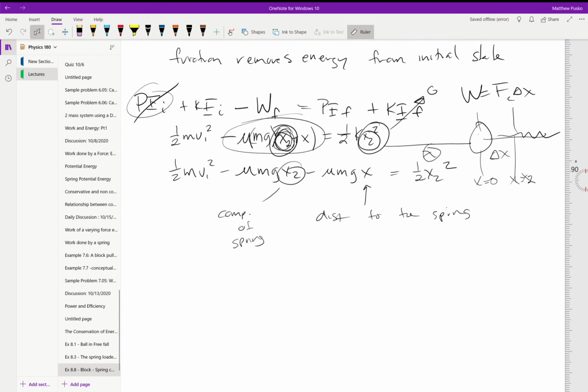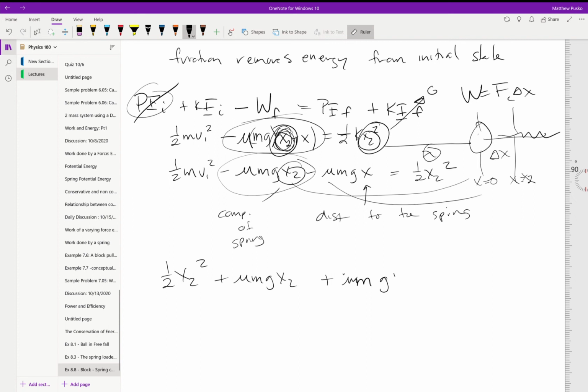Alright, now we can just set this up like a quadratic equation and solve. Let me go ahead and do it for you. 1/2 k x2 squared. Then we would want this term, which if I moved it over here, it'd become positive mu mg x2. And then we have some constant terms. This would become a positive mu mg x and a minus 1/2 mv initial squared.